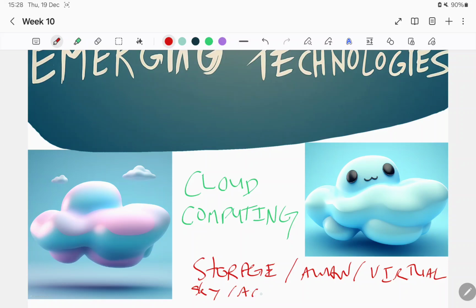Simple. Safer. Okay, your friend says safer. Very interesting. Safer, right? Backup. Backup. Okay.